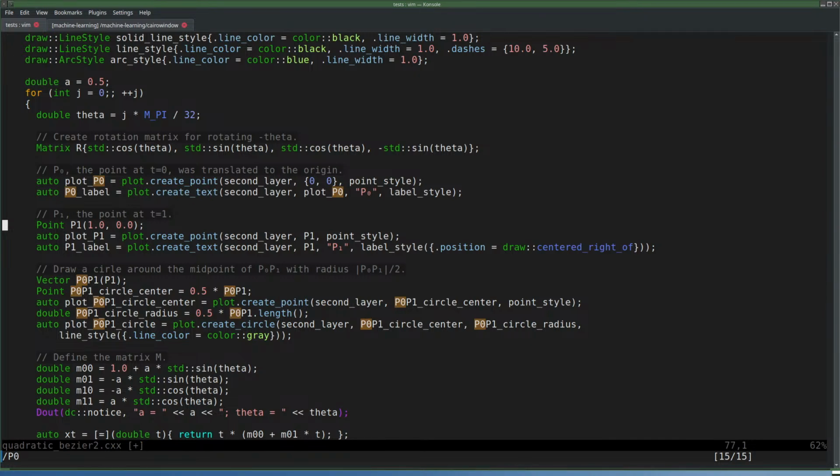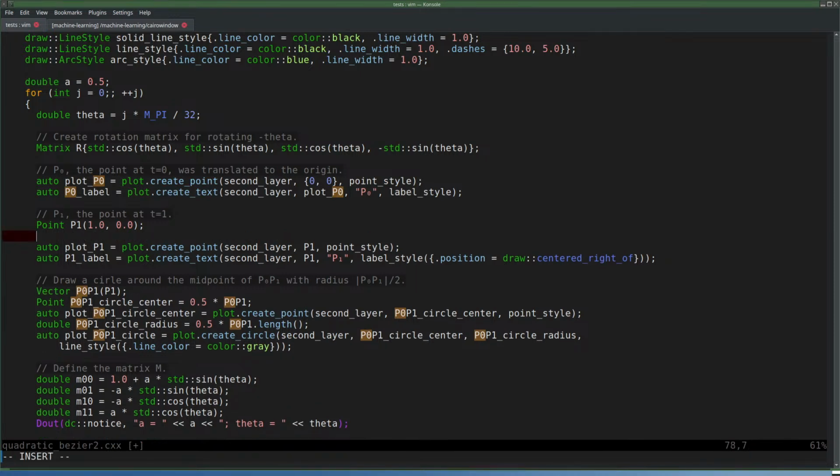And I'm afraid I'll have to rotate it before we plot it. So P1 is, it's not easy. It's not really P1 anymore then.